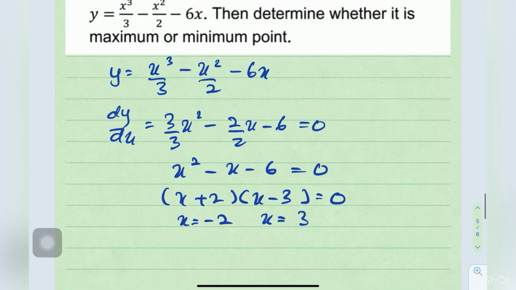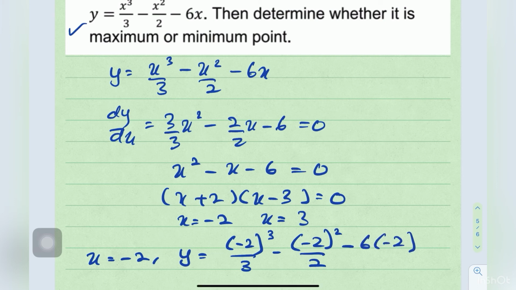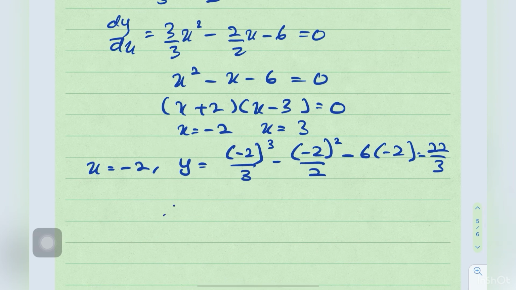When x equals negative 2, y equals (negative 2) cubed over 3 minus (negative 2) squared over 2 minus 6 times negative 2. This one is 22/3. So the first coordinate is (negative 2, 22/3). Now for the other x, x is 3.